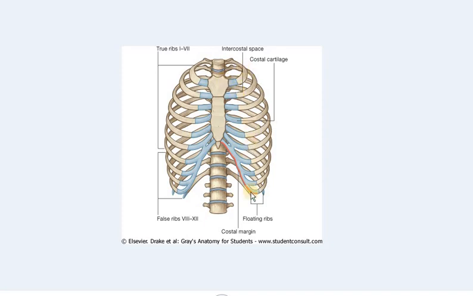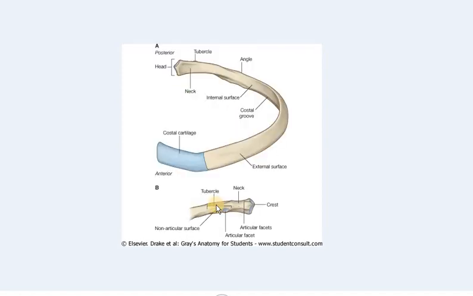Out of these 12 ribs, the first and second ribs, and the last three ribs, 10th, 11th and 12th, are atypical ribs, because these ribs have special features. While the 3rd to 9th ribs are typical ribs because these ribs have common features.